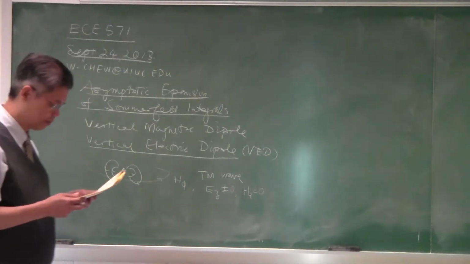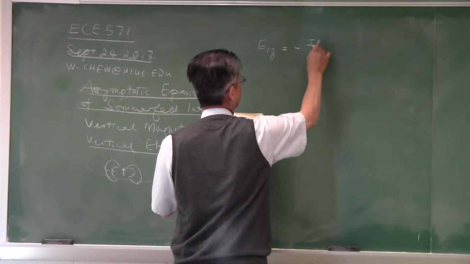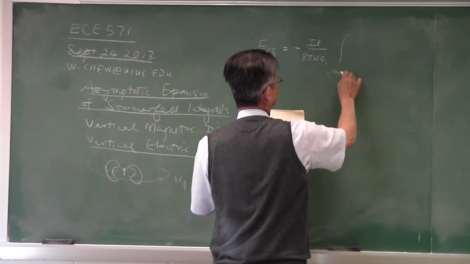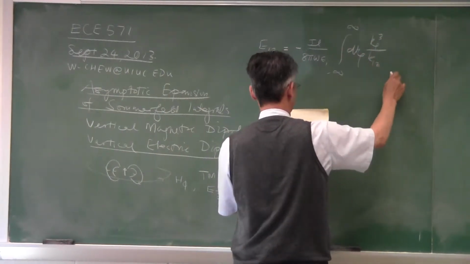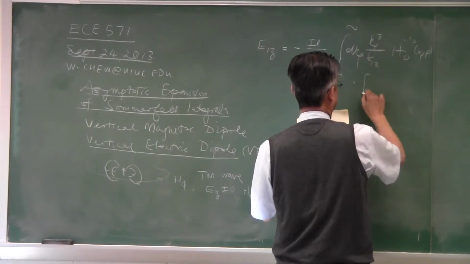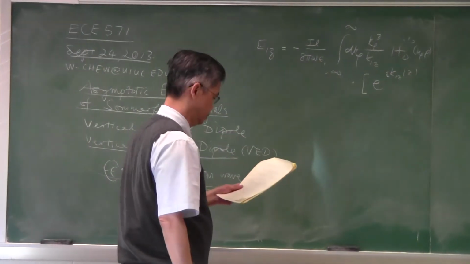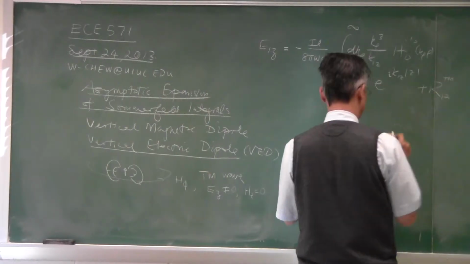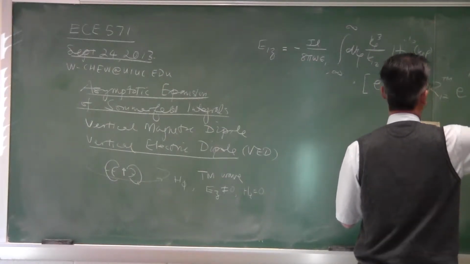We in fact have solved this problem before, and our E1z in region 1 looks something like this: k_ρ³ over k1z, H0^(1)(k_ρ ρ), multiplied by e^(i k1z z), plus a reflected wave term, R12^TM, because this is a TM wave, e^(i k1z (z + 2d1)).